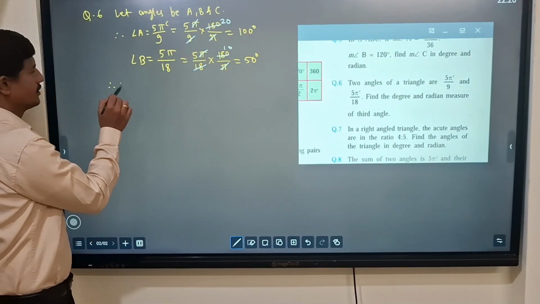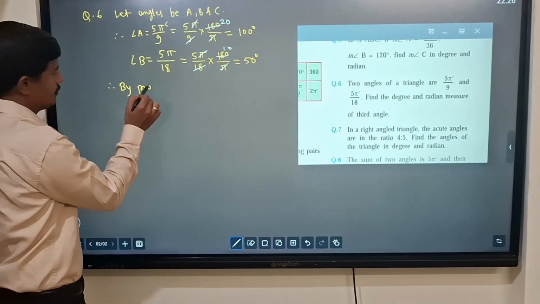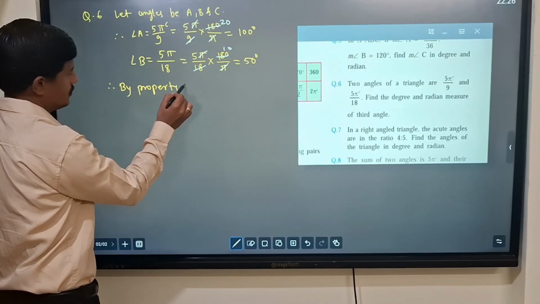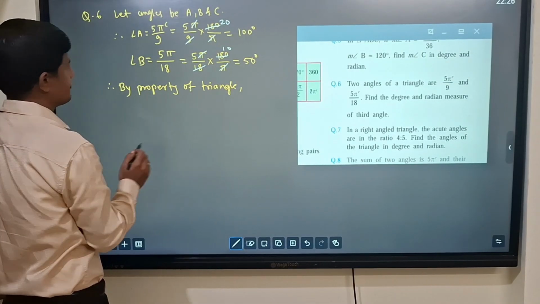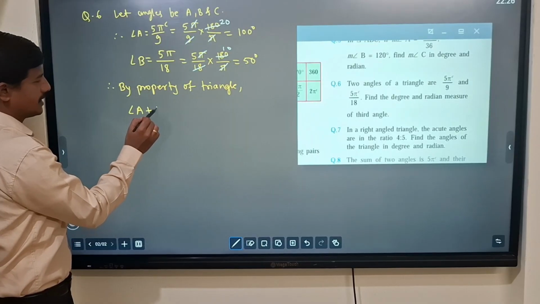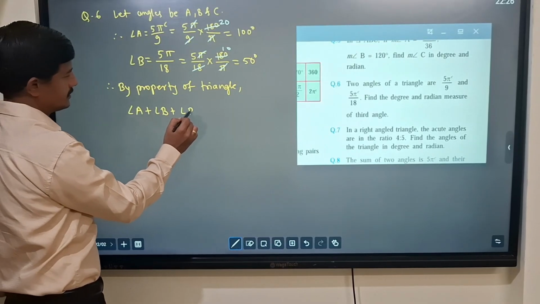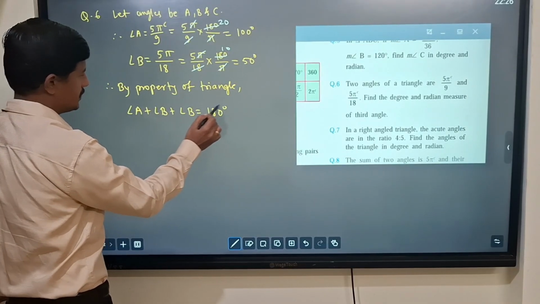Therefore, by the property of a triangle, angle A plus angle B plus angle C is equal to 180 degrees.